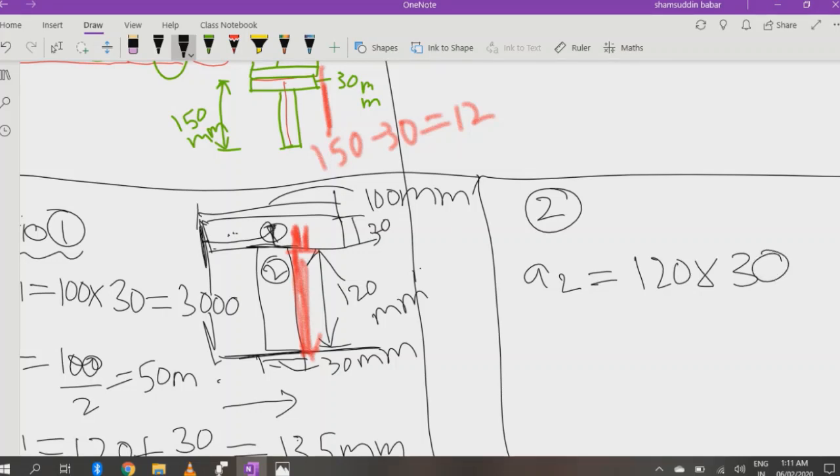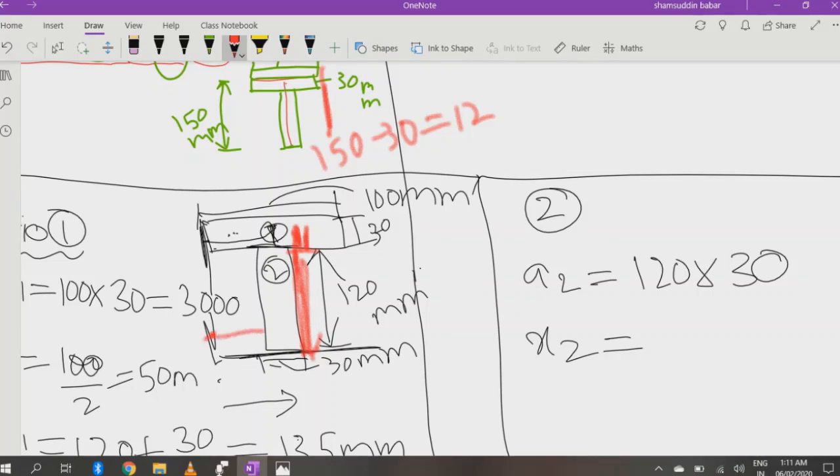This will be the area of my second section. And my x2 will be, with the same concept as in section 1, my axis is this. Initially I have to cover this distance, 100 divided by 2, so up to this point it is 50, and I also subtract this distance.